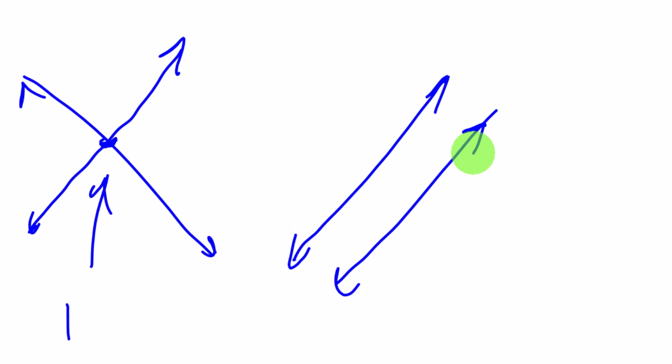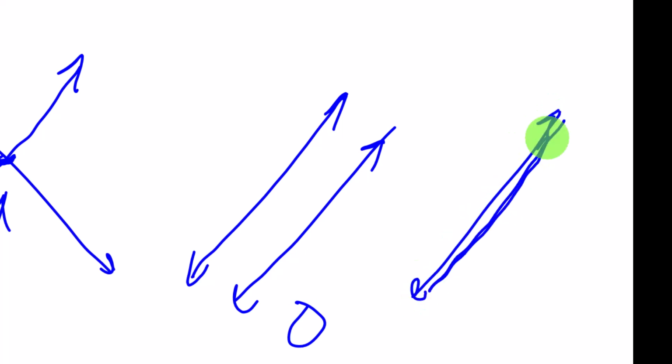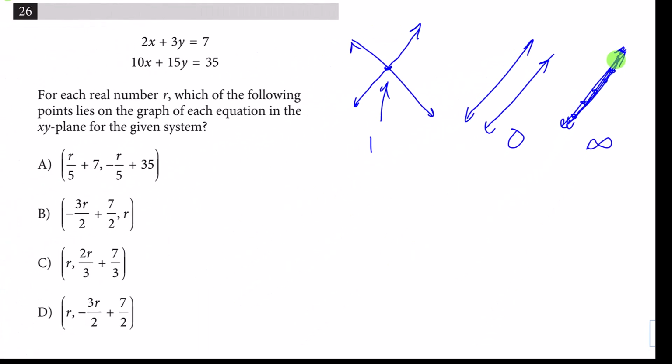So you're not going to have any points that actually hit. Okay, so this is going to give you zero solutions. The third possibility is that these are both, in fact, the same line. And you're going to have an infinite number of solutions because it's going to hit everywhere. So these are three possibilities.